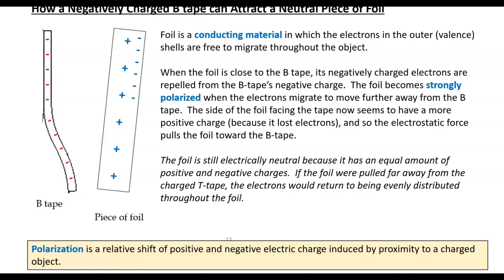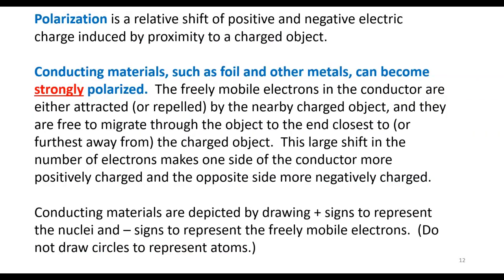Now the foil is still electrically neutral, and if we pulled it away, those electrons would return to being evenly distributed throughout the foil. Okay, so just repeating a few of the important points here. Conducting materials like foil and other metals can become strongly polarized because the free electrons can migrate through the entire object to one end or the other.